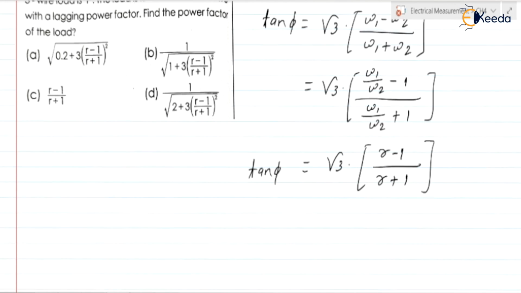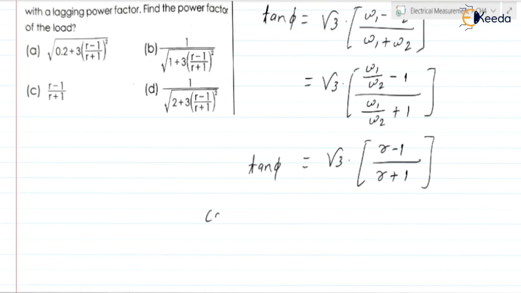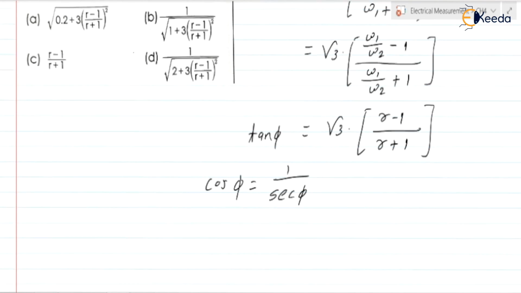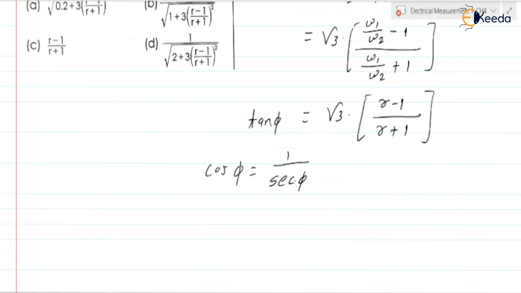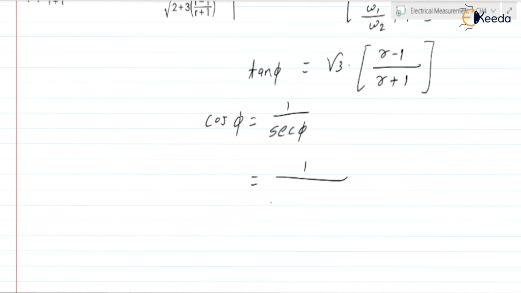Next we know cos phi is equal to 1 upon sec phi. Sec phi is equal to under root 1 plus tan square phi, because 1 plus tan square is sec square, and under root sec square is sec phi.